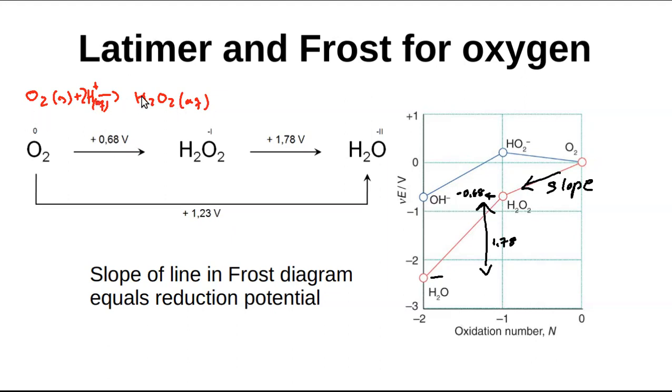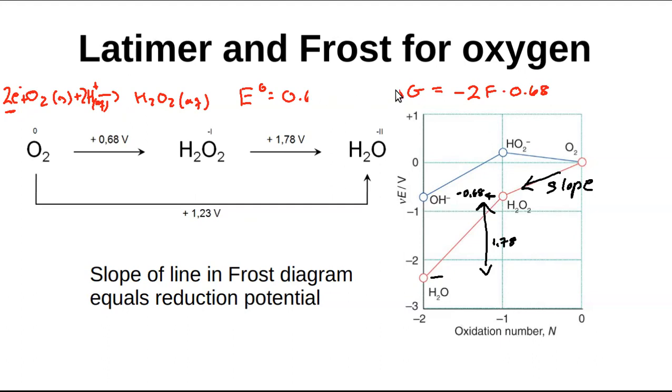Now it's balanced in atoms, but not in electrons, so 2 electrons. Now this is balanced, and the E naught is 0.68 volts. That means the delta G of this reaction is minus 2F times 0.68.